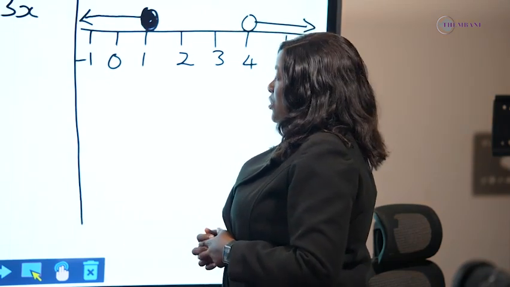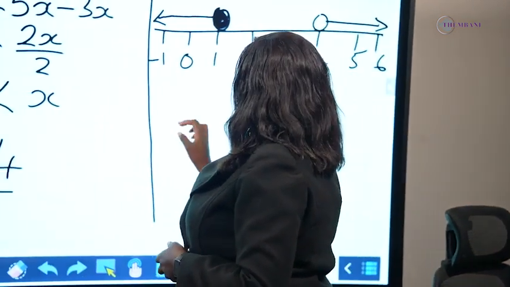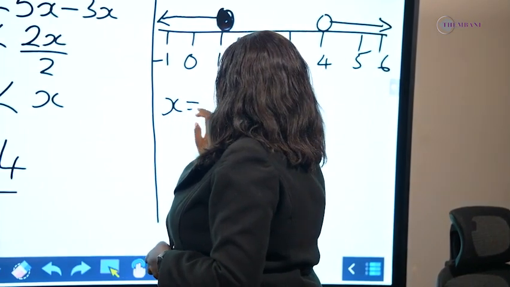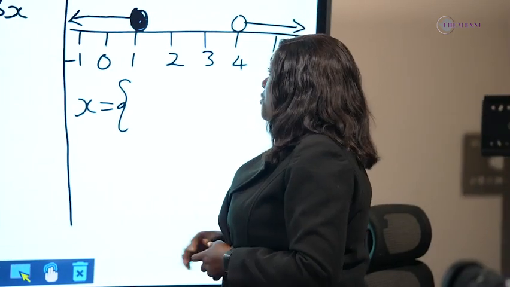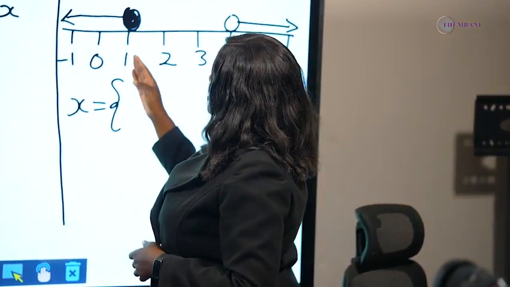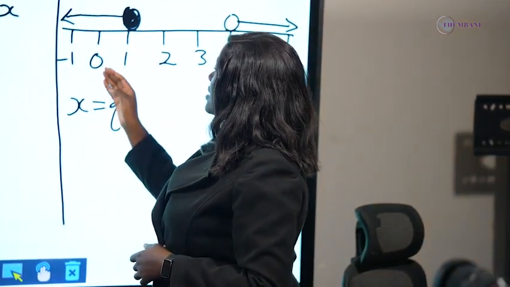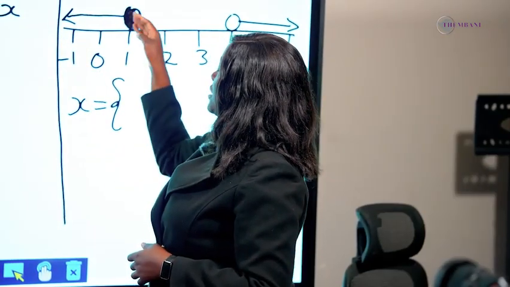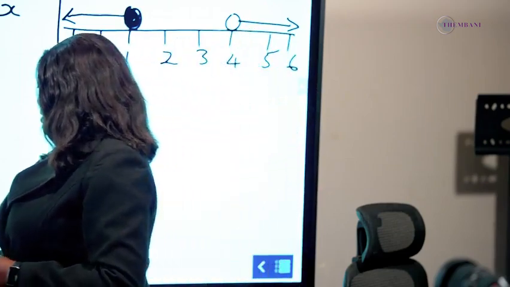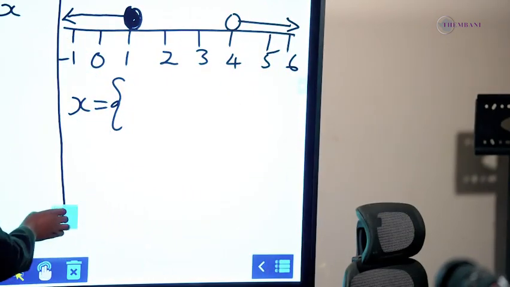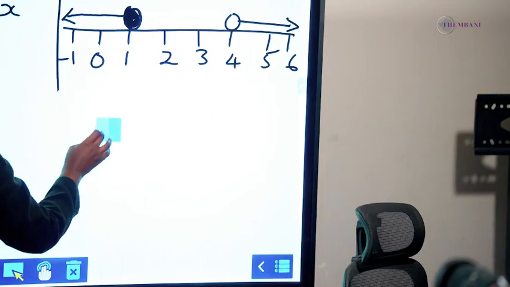How do we write the solution set? So the solution set, we are saying x is equal to, we now write the solutions from this end. It means this 1 is part of my set, 0 and -1 are part of my set because I've shaded. So I'm going to start from 1. Let me just delete so that it becomes visible.